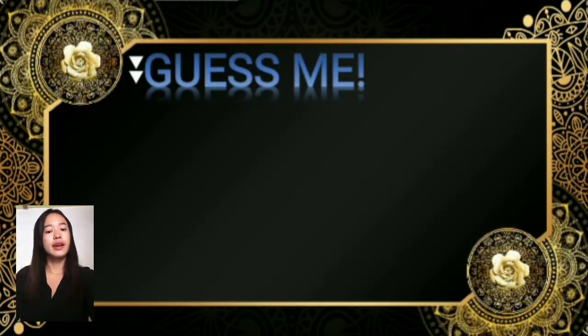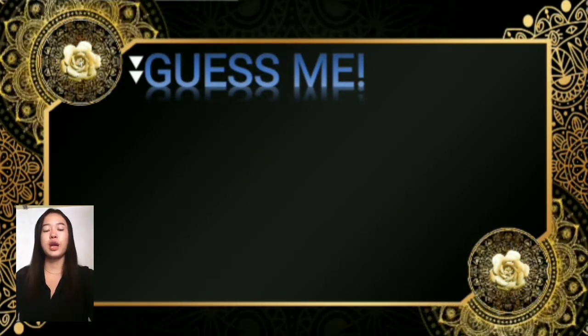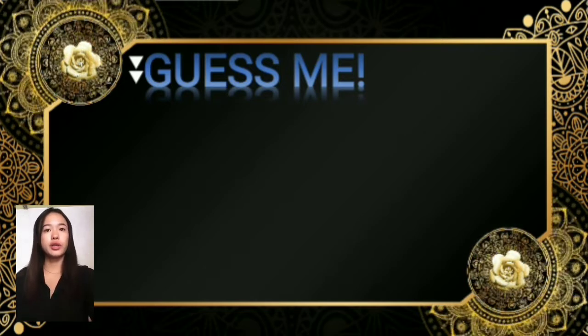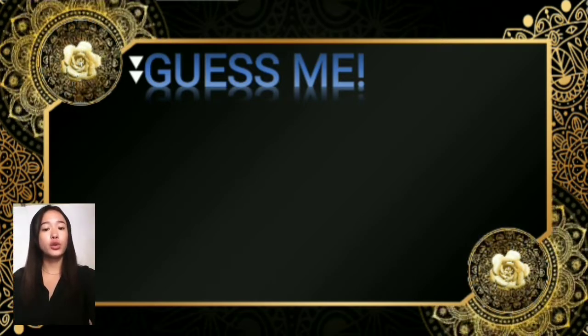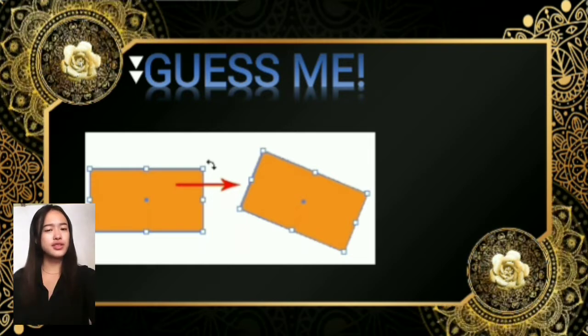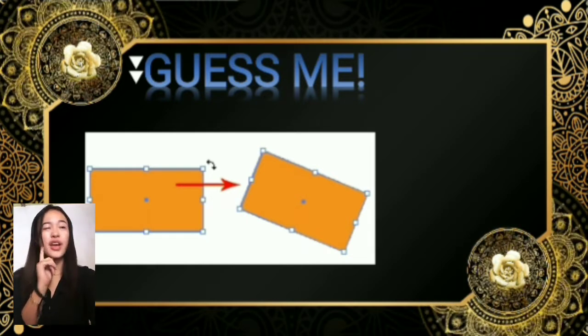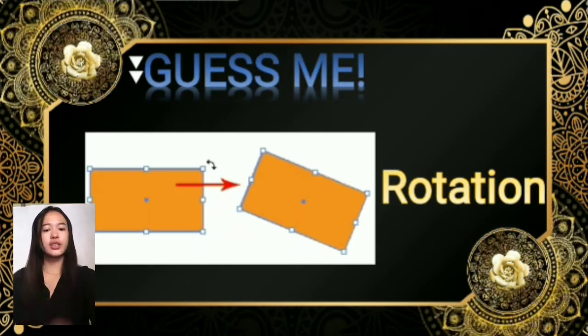Now, in order to see if you truly understand the different classifications, let's do a very short guess. Guess the classification the given object is transformed into. Okay, number 1. We have this figure subjected to a transformation. What do you think is the transformation? Very good, it is a rotation.